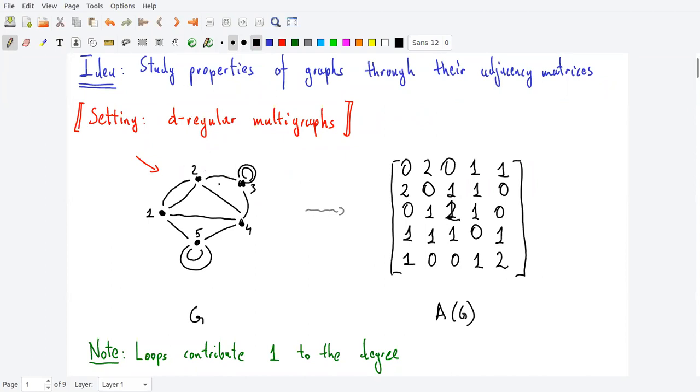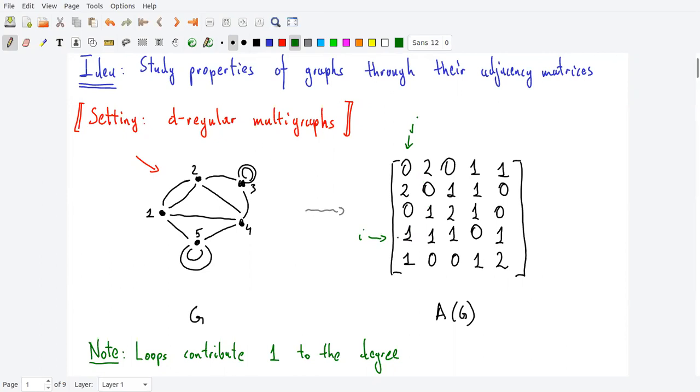So this is a 4-regular multigraph here, and on the right hand side we've got the adjacency matrix of this multigraph, which is just an n times n matrix, where in the entry in, say, row i and column j, you put the multiplicity, the number of edges between vertex i and vertex j.